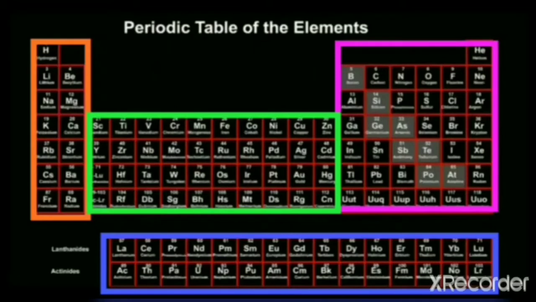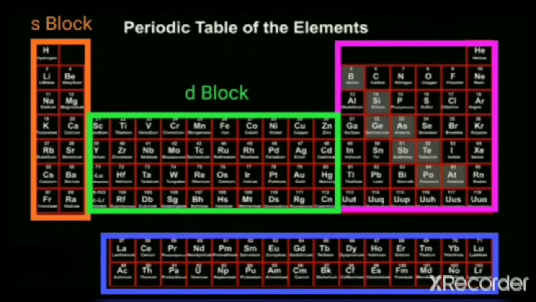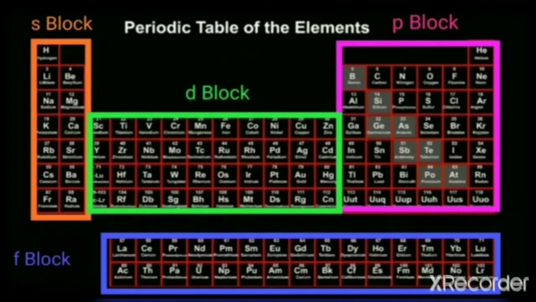The block on the extreme left-hand side is called the S block, the block in the middle is named the D block, the block on the extreme right-hand side is named the P block, and the block which was kept separate from the main block is called the F block.